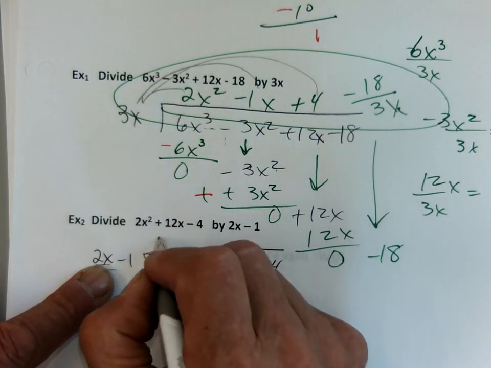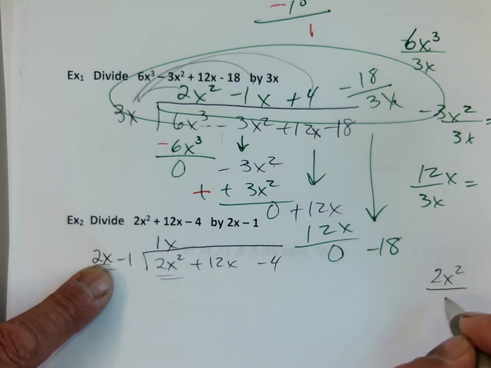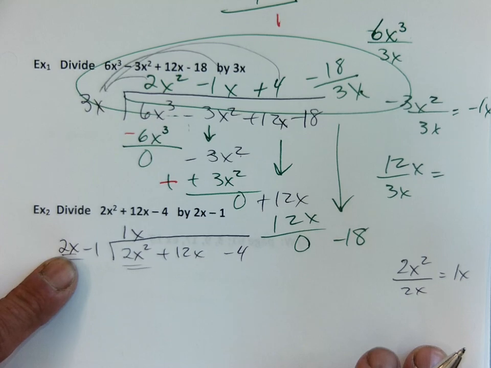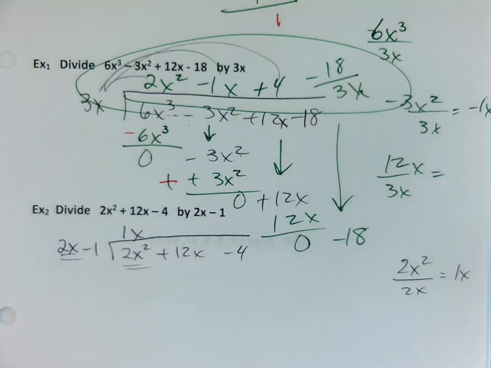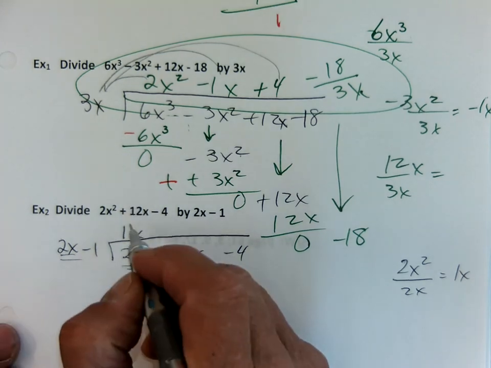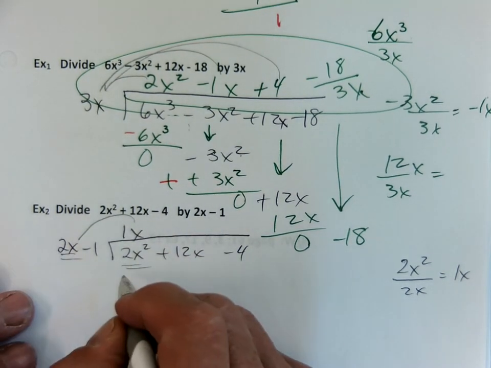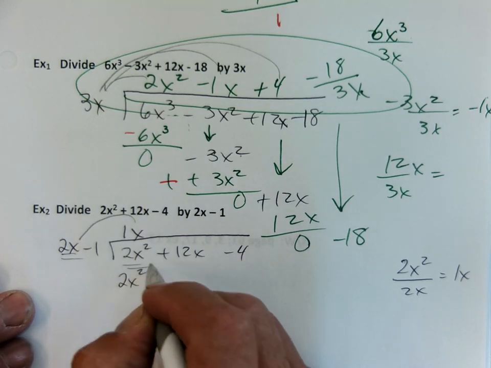And if you're not sure, if you need to do a little side division, just do a little side division. Okay. And then we have to multiply, just like we did up here. We're going to multiply. So my 1x times my 2x makes it 2x squared.